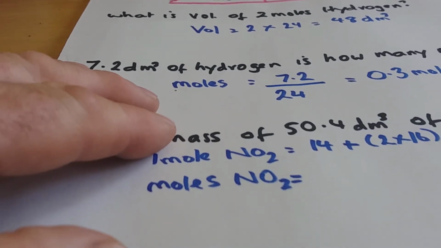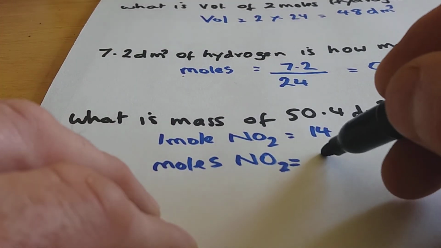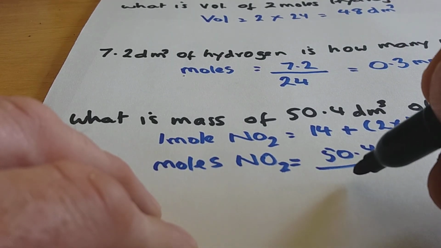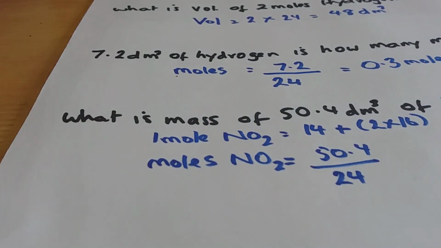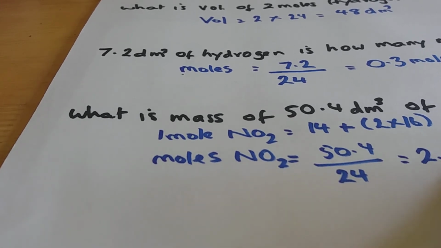So the volume we're given, as you can see, is 50.4. The molar volume is 24. So let's work that out. 50.4 divided by 24 equals 2.1 moles.